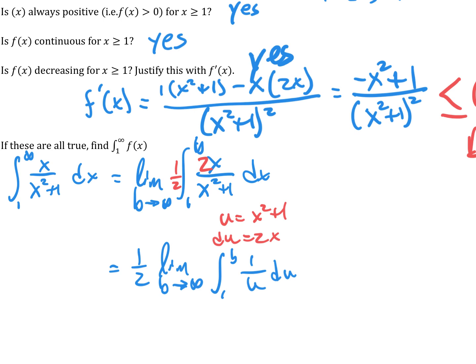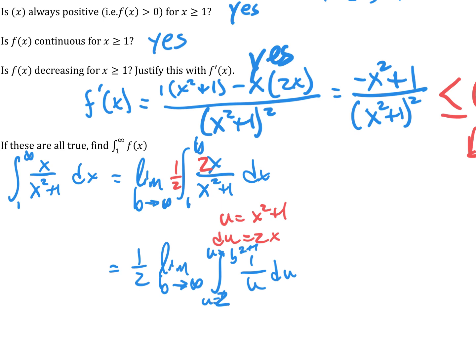And since we did a conversion to u's here, a little reminder, we need to convert these limits to u's. So when you plug 1 into x squared plus 1 here, u becomes 2. So we should change this. We need to make this u equals 2. Okay. And this is u equals b squared plus 1.